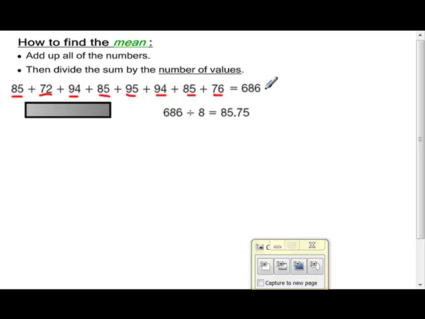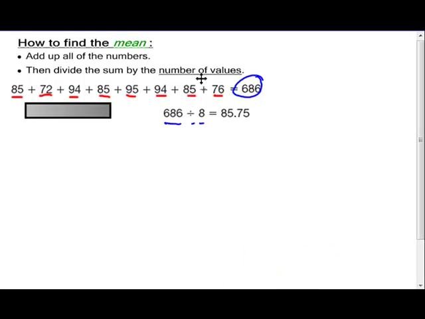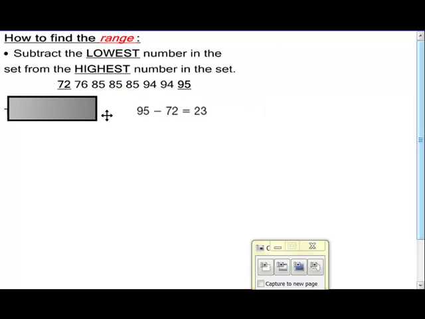And the sum that we get is 686. And we have 1, 2, 3, 4, 5, 6, 7, 8 values. So we're going to take 686 and divide by 8, and 686 divided by 8 equals 85 and 75 hundredths, and that's how to find the mean.